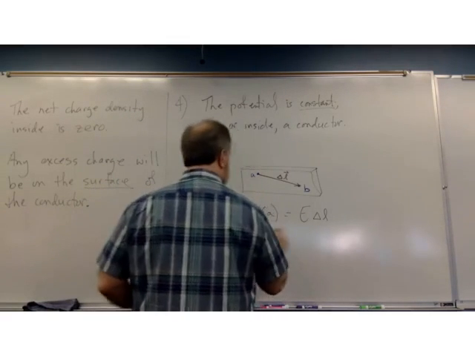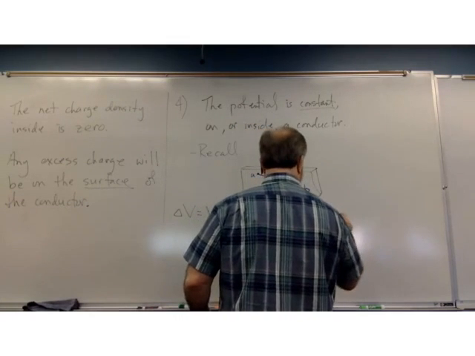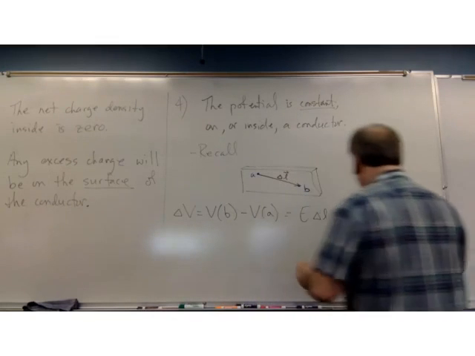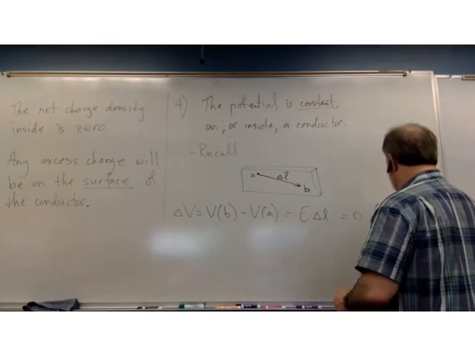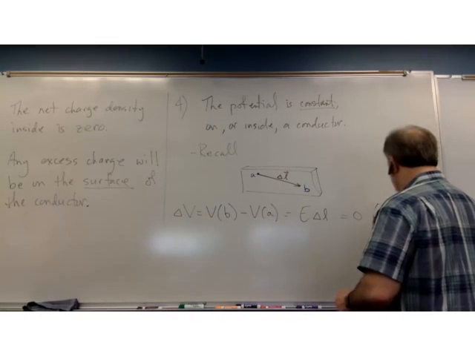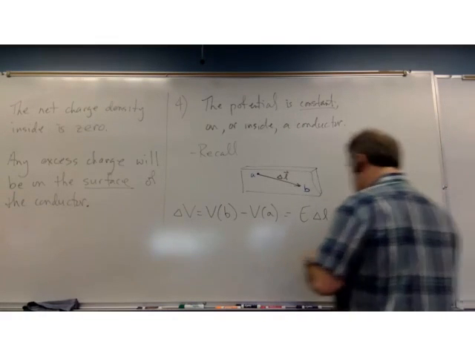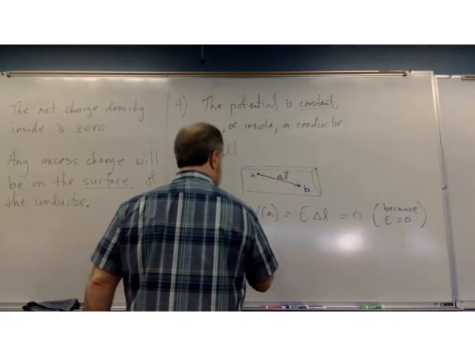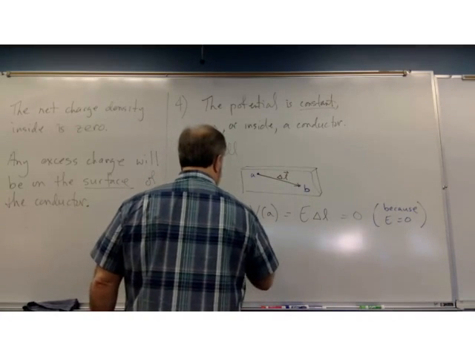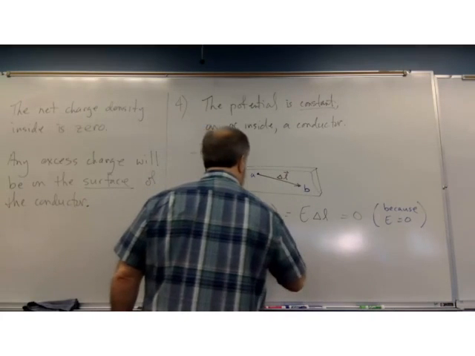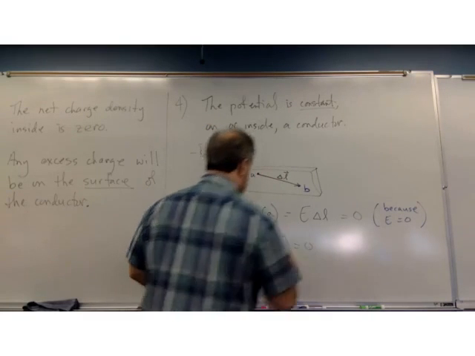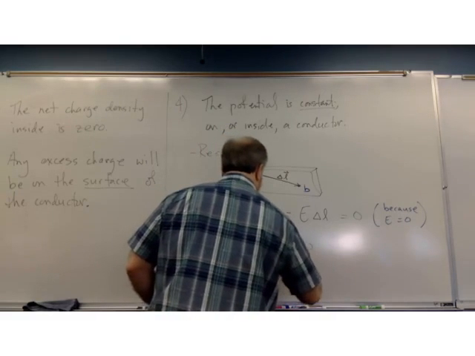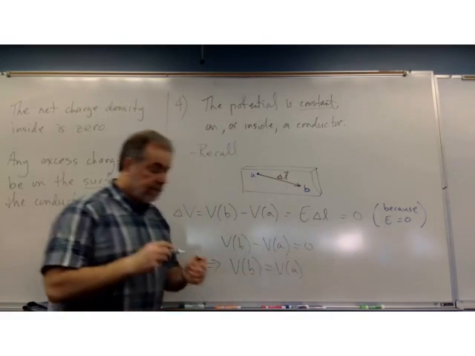Since E is equal to 0, VB minus VA is equal to 0, which implies in turn that the potential at B is equal to the potential at point A.